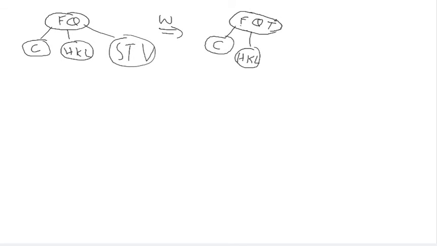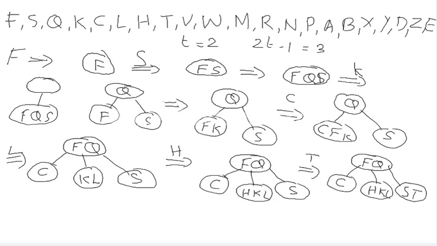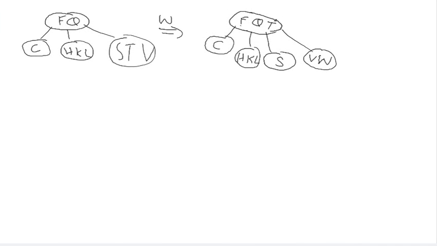Okay. Now, we need to insert M. Okay, where will M go? H, K, L, M. Okay, so this is a node where we can insert M. So we will start from the root, that is the procedure. So when we start from the root, we come to know that the root is a full node.